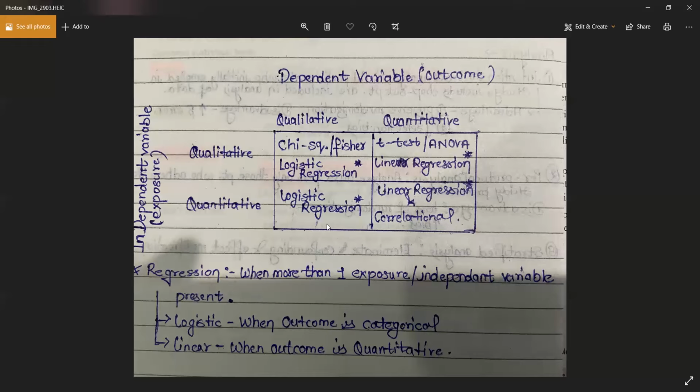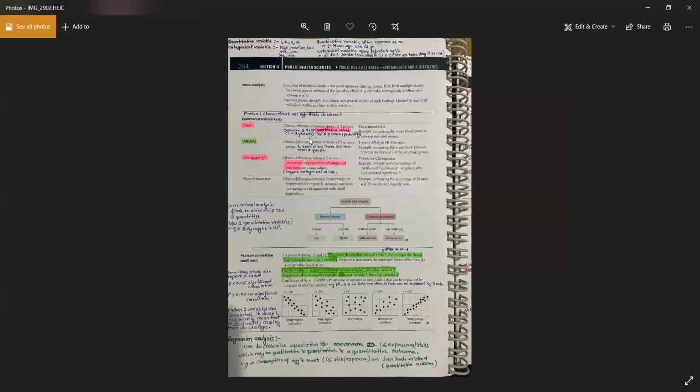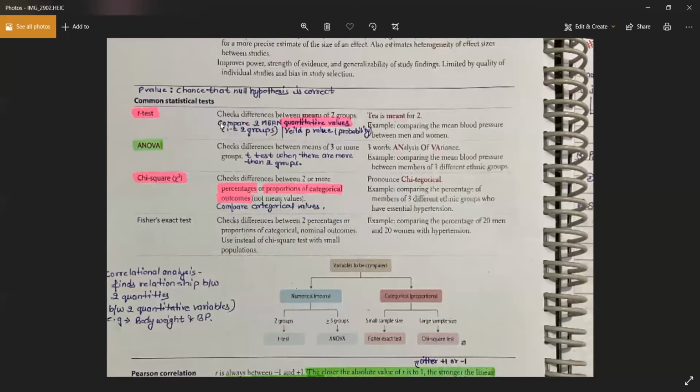Then let's go back to the page. Whenever we want to check the difference between the means of two groups, my exposure must be a qualitative variable. For example, comparing the mean blood pressure of men and women. Either you are a man or you are a woman, not in between.